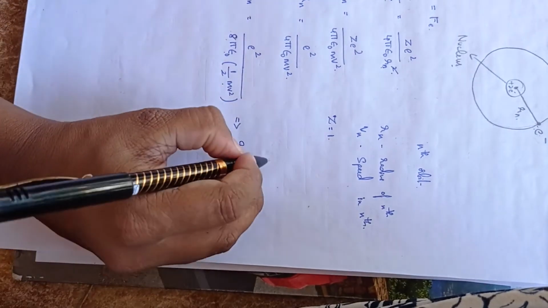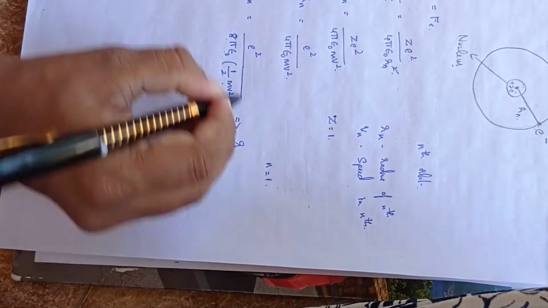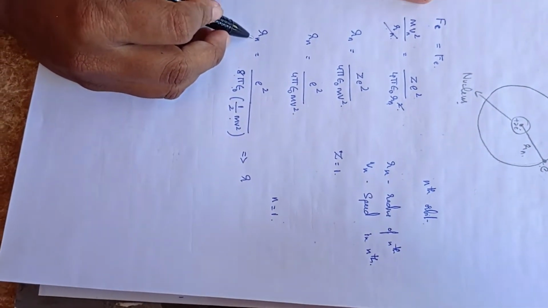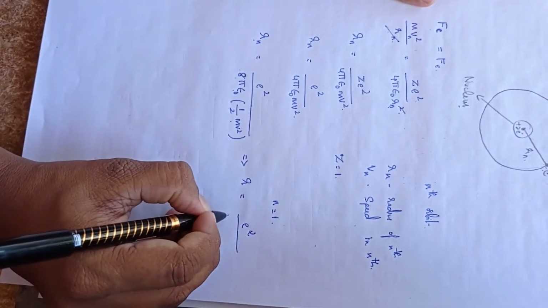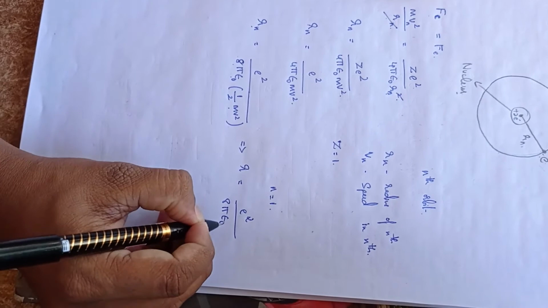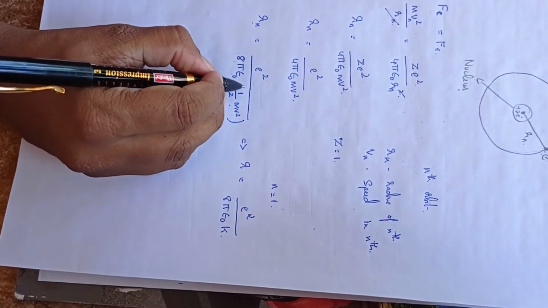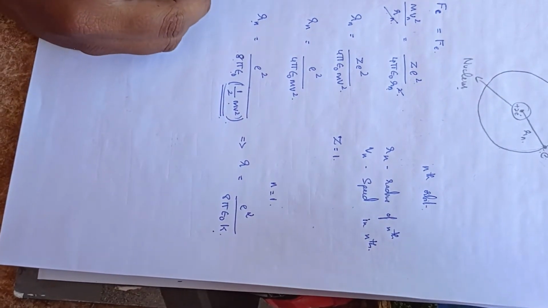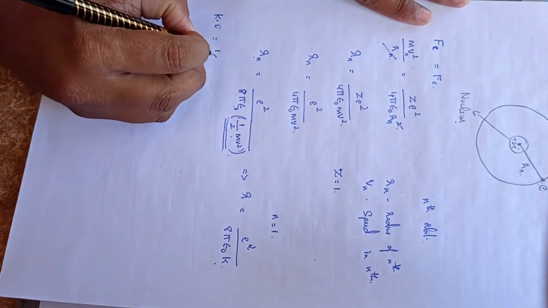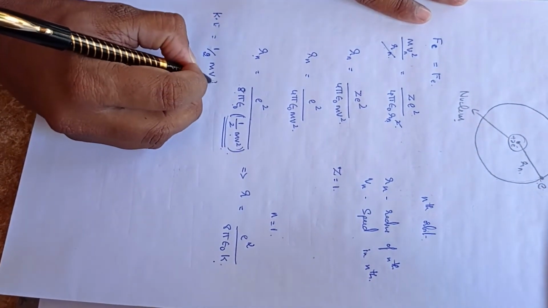since for hydrogen atom n is 1, I am going to write this as 1. R is e square by 8 pi epsilon naught K. Let us write this as K. Why K? This is nothing but the expression for kinetic energy, right? Kinetic energy is given by half mv square.